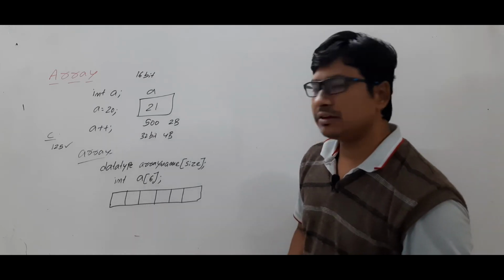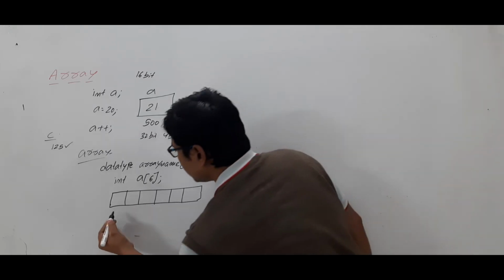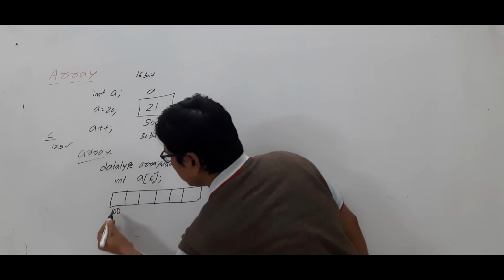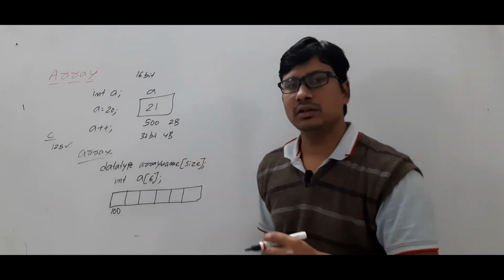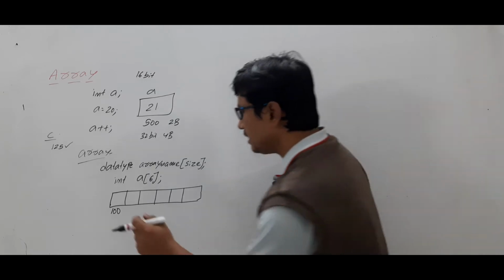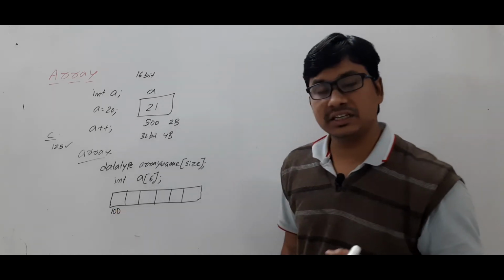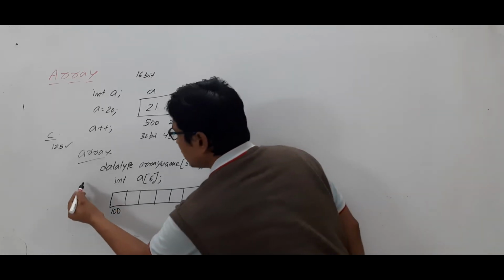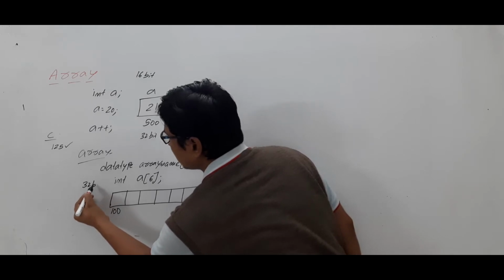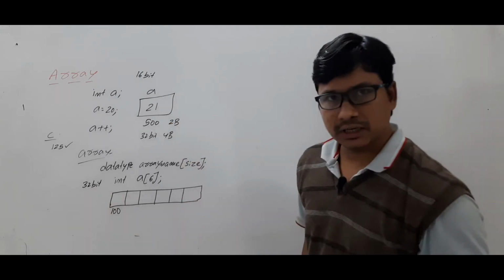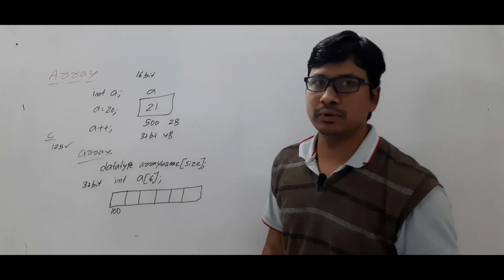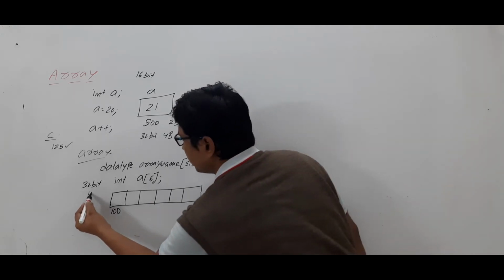Now, let me give a simple example. Your first element is at address location 100th byte. Then can you tell me what will be the address of the next element? Let's take that you are using a 32-bit compiler. If you are using a 32-bit compiler, one integer variable occupies 4 bytes of memory.